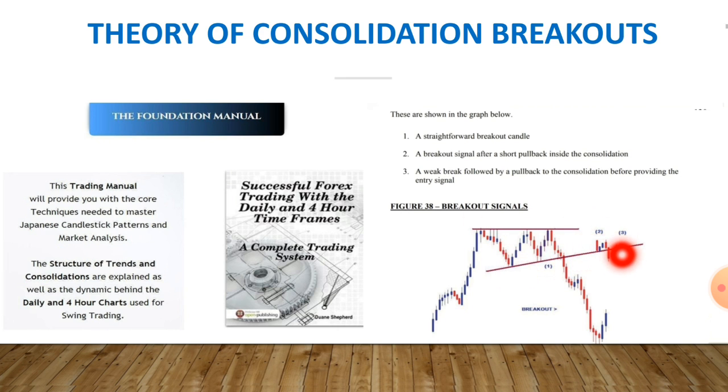In the second instance, the market will reach the boundary and then pull back inside of the consolidation and then U-turn to provide us with a breakout signal. Or it can break out initially, pull back to test the broken boundary before providing us with a breakout signal. So these are the three ways in which the market could start a breakout from consolidation.